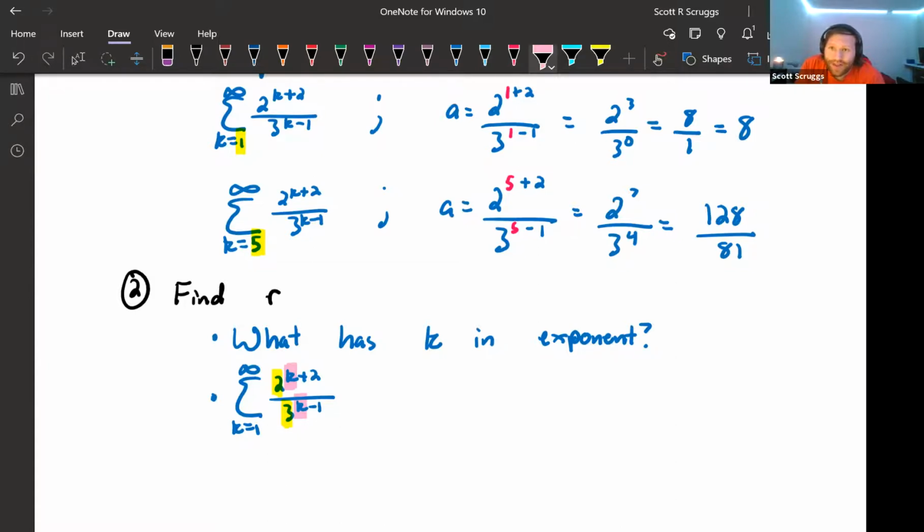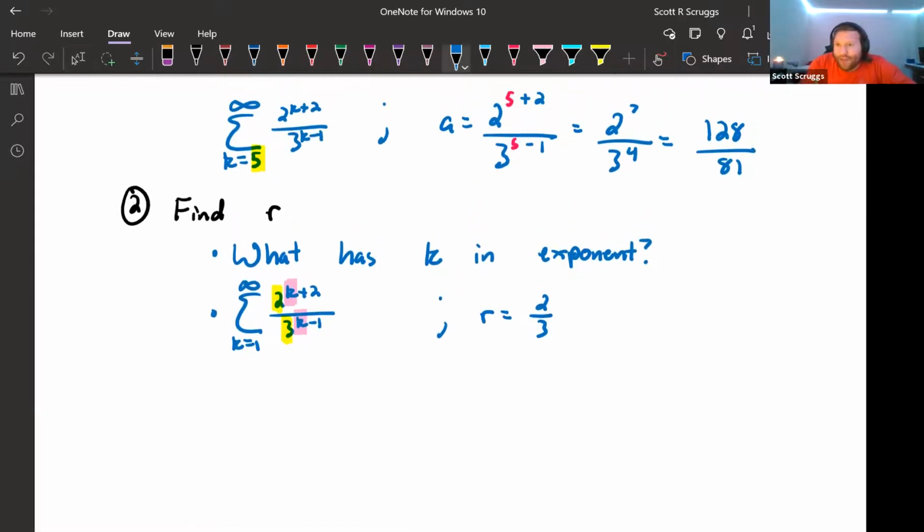What that tells me is that 2 is going to play a part in the common ratio, 3 is going to play a part in the common ratio. So that tells me that R, or my common ratio, will be 2/3.